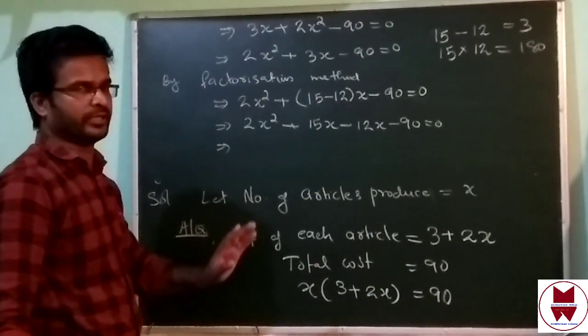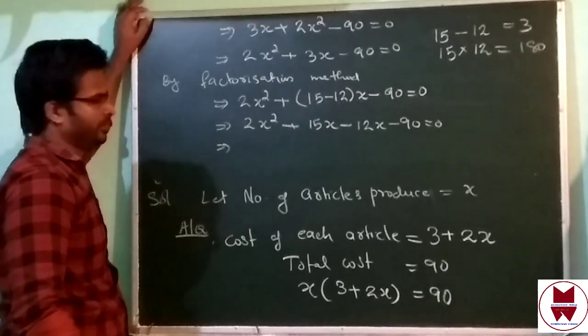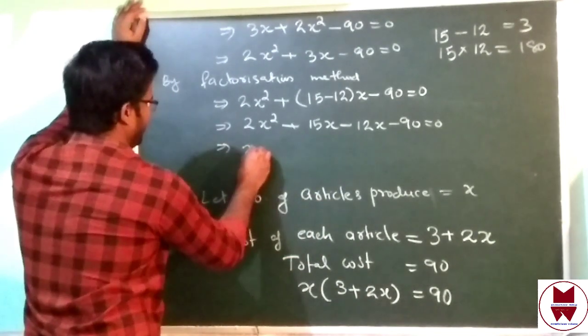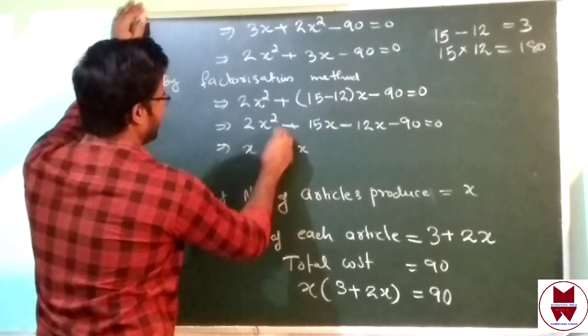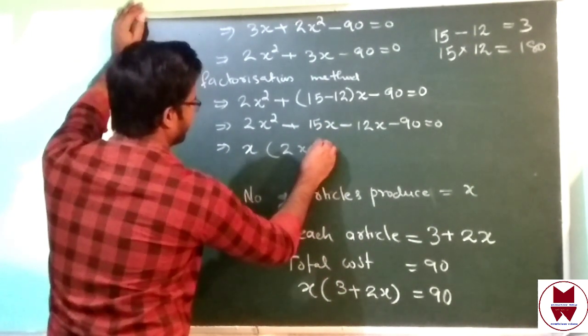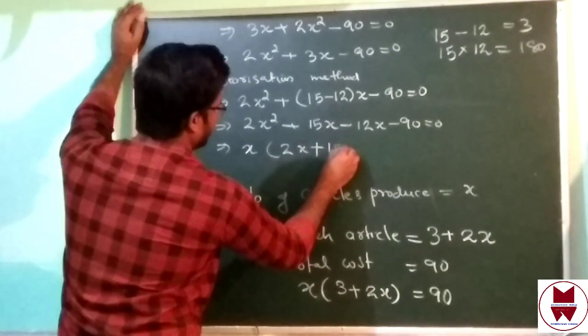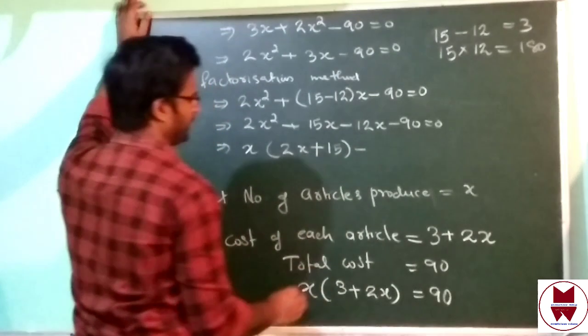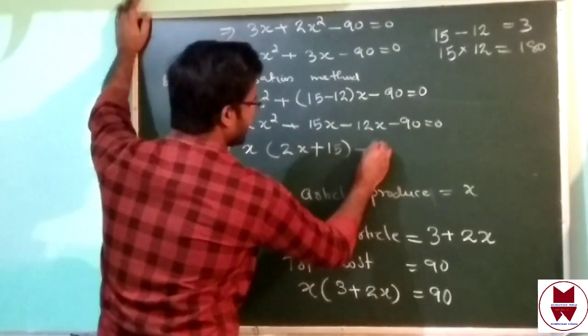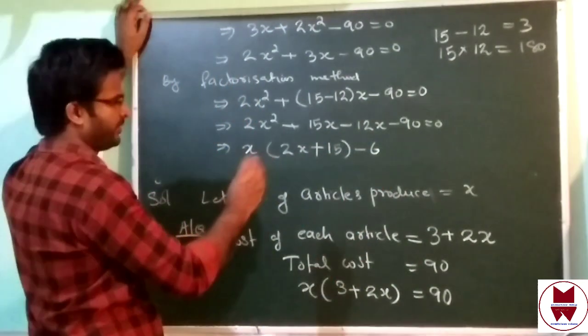In the first two terms, what is common? We can take x common, isn't it? Then remaining 2x plus 15. In the last two terms, what is common? Minus is common, and we can also take 6 common. Minus 6 take outside.